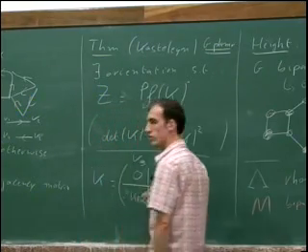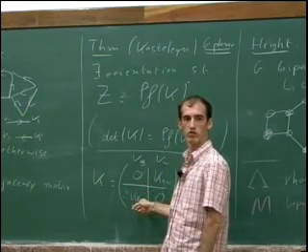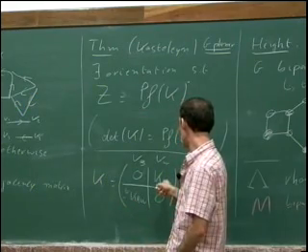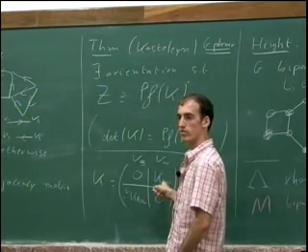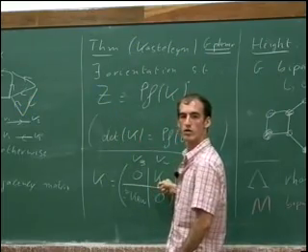Since your matrix is anti-symmetric, the two blocks are some matrix and minus its transpose. So if you take the determinant of K, it's equal to the determinant of this block squared. So the partition function is just the determinant of one of these blocks.